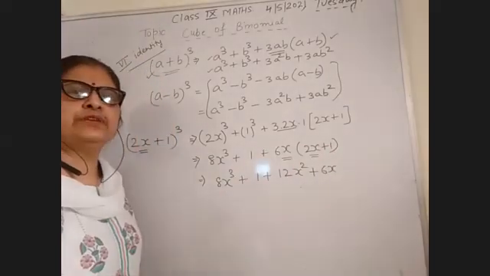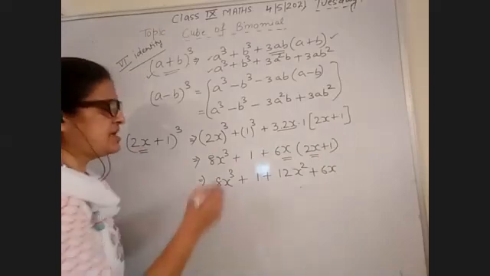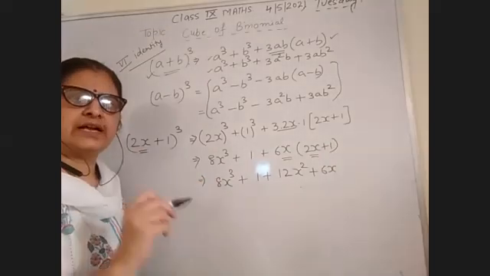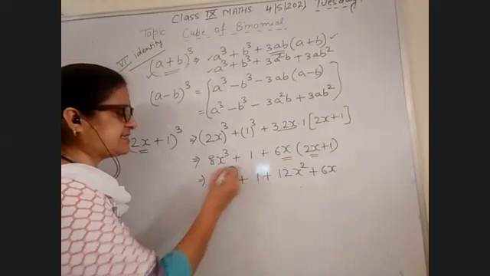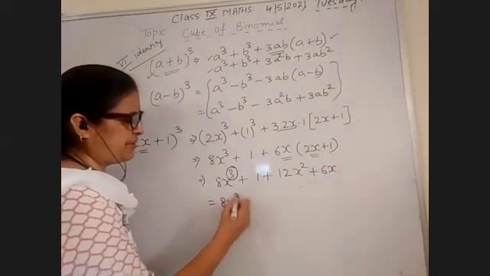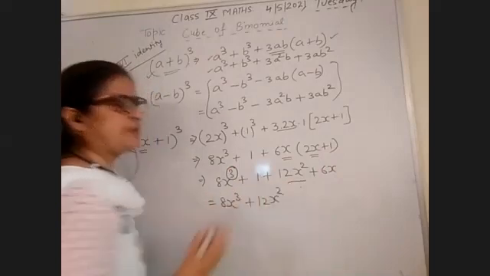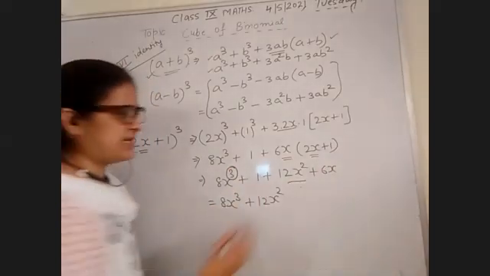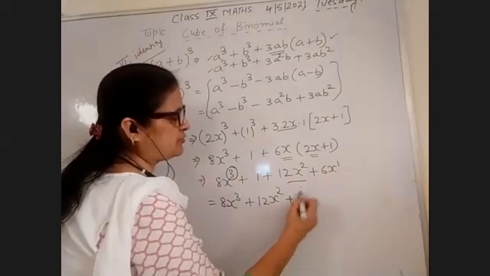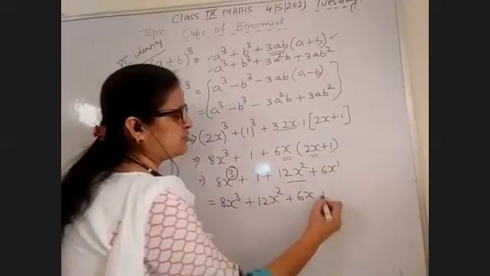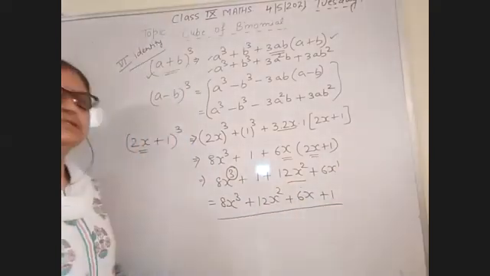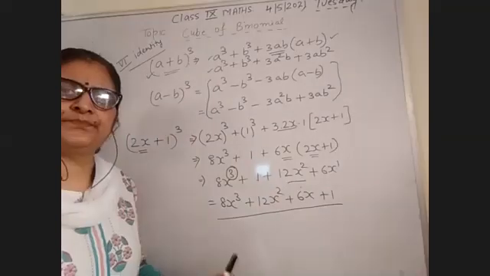Now, how will you write the answer of this question? You will write the answer degree wise. Your highest degree is cube, and then lowest degree, decreasing manner में आपको answer लिखना है. उसके बाद 12x square, then you have to write 6x, then you have to write 1. This is the answer of this question.